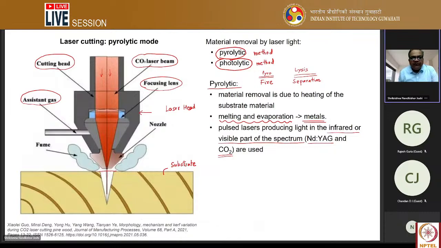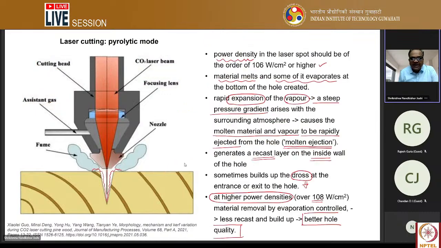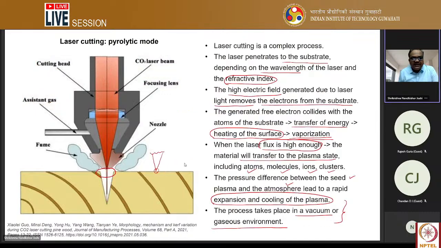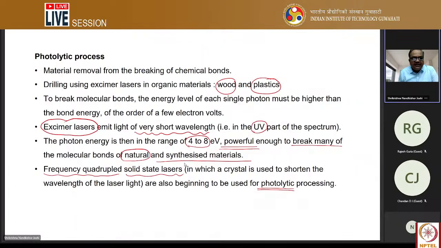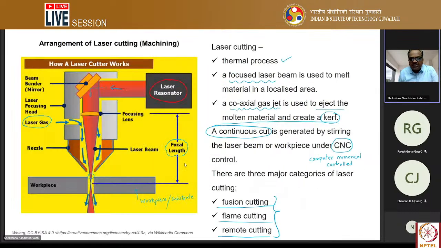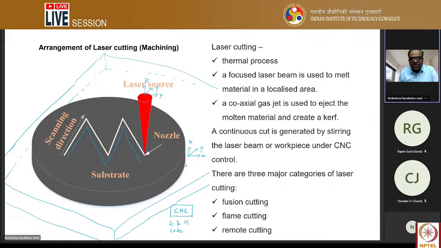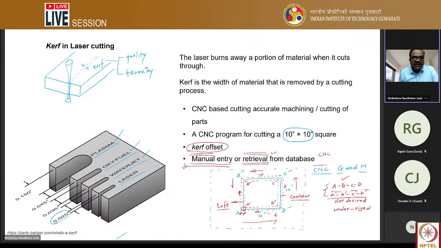There are two modes of laser cutting, the pyrolytic process and photolytic process that we have seen in detail. And yeah, this is the photolytic process, its construction, and later the arrangement of laser cutting such as fusion cutting, flame cutting, and remote cutting we have seen in detail.